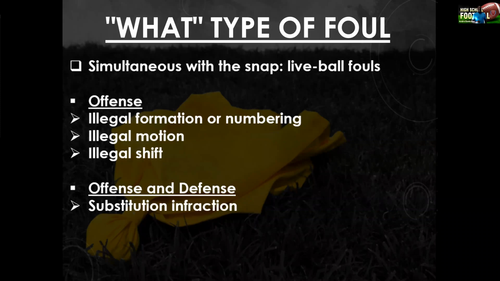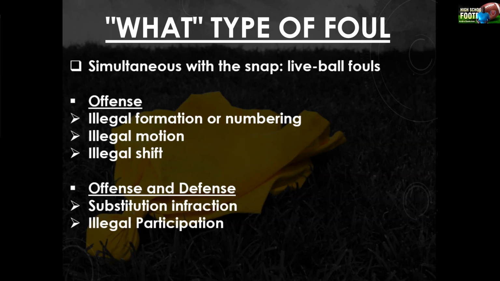All right. Let's say a player, the number 12 player, is trying to leave the field, and the ball is snapped before he gets off the field. We have a live ball illegal substitution foul. So again, it could be fixed. If he got to his side of the neutral zone before the ball is snapped, we're fine, but he didn't. So now we have a substitution infraction.